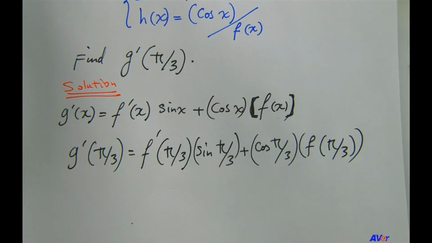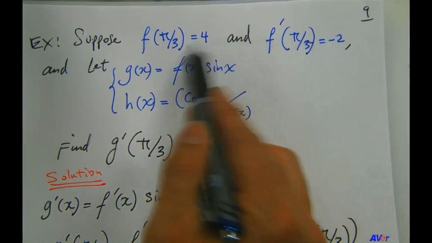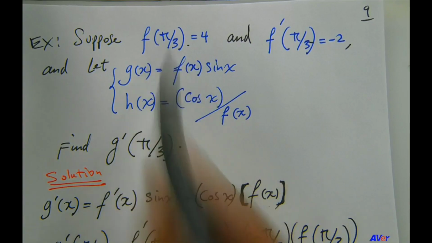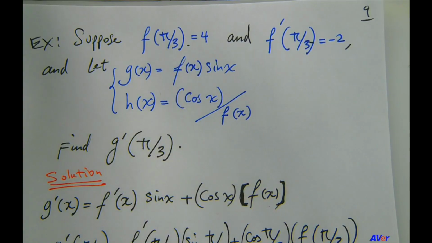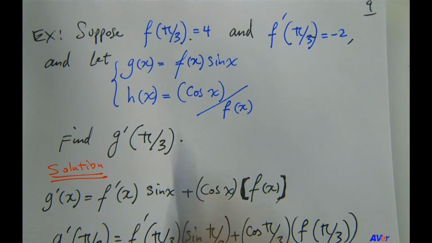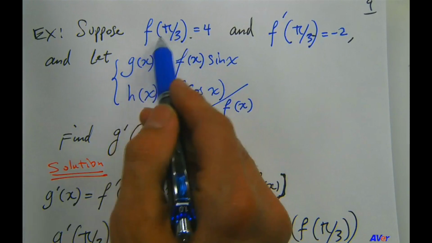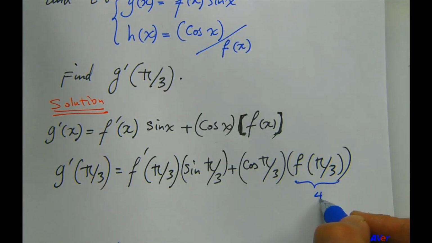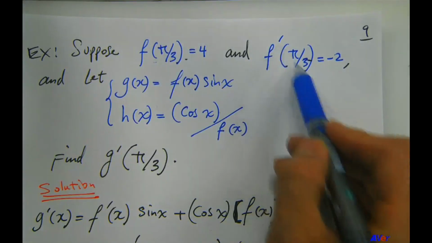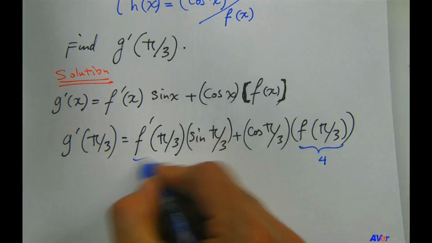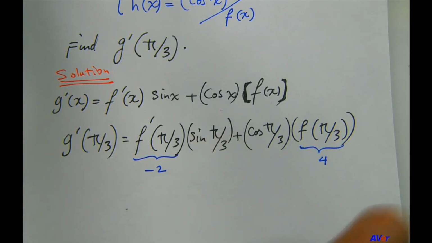Okay? All right. So this is where all those quantities that we were given are going to come in handy. Let me write this below so we can have them. So f of pi over 3 is equal to 4, and f prime of pi over 3 is equal to negative 2.